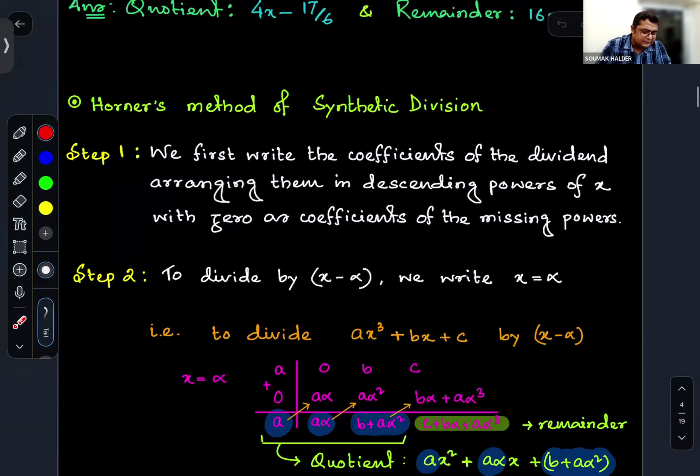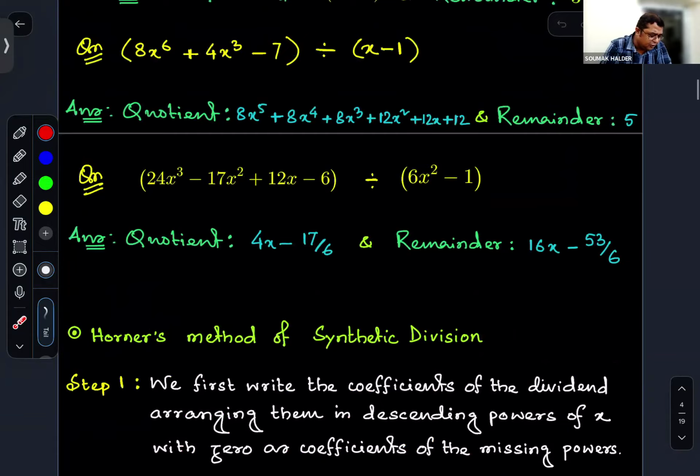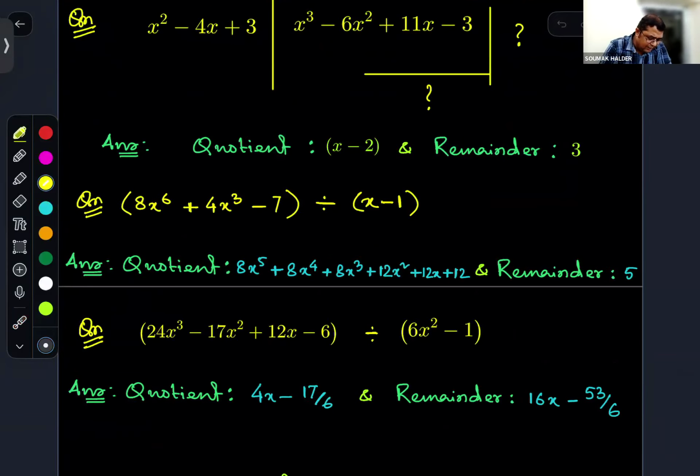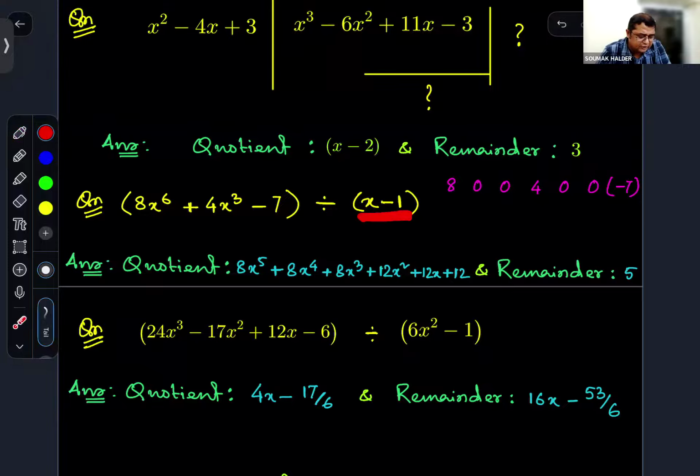Just let's have an example with your solved one. Just a while ago you went through this particular division, the lengthier one, this one. We have decided that we need to write the coefficients in the order 8, 0, 0, 4, 0, 0, minus 7, right? Over here we are dividing with x minus 1. So what's the value of alpha? 1.